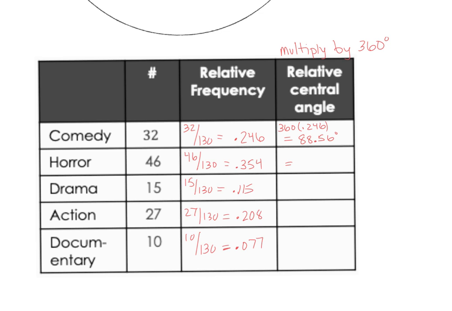What you should have gotten after multiplying all those by 360 degrees: for horror it was 127.44 degrees, for drama 41.4 degrees, for action roughly 74.88 degrees, and for documentary 27.72 degrees. That tells us how big the section for each category should be.